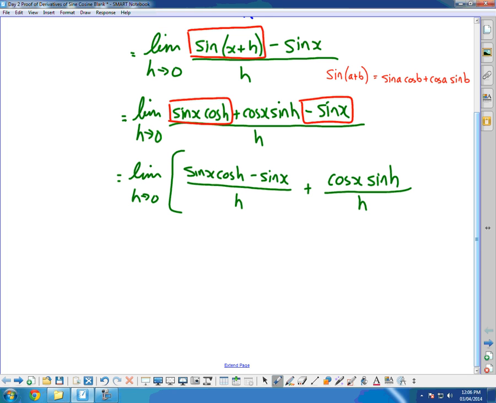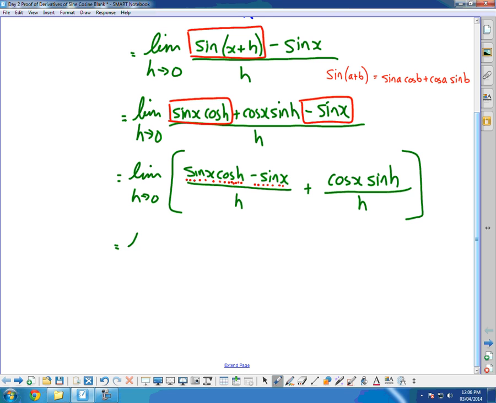It's a fraction, so I can break it up into two smaller fractions. They have a common denominator of h, so it doesn't matter if I split them up or bring them all together like I did in the line before. So I just took two of those and brought those over. The reason I did that is because these terms right here have a common factor, and that factor is sine x.